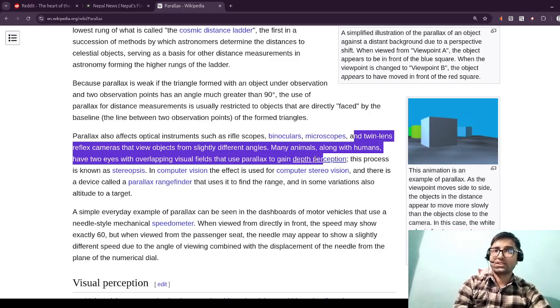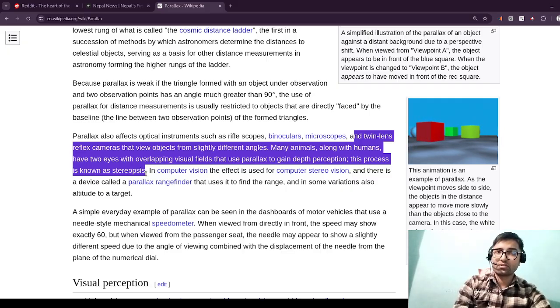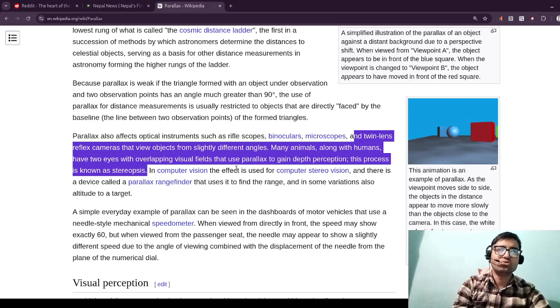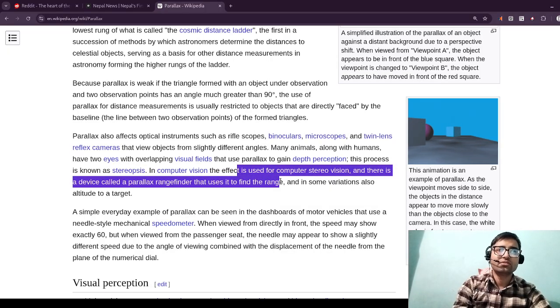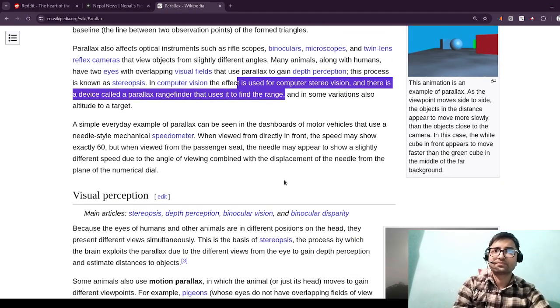This process is known as stereopsis. In computer vision, the effect is used for computer stereo vision, and there is a device called a parallax rangefinder that uses it to find the range, and in some variations also the altitude, to the target.